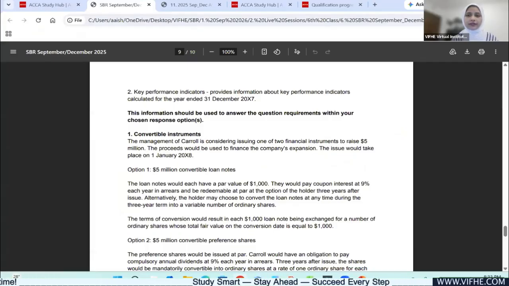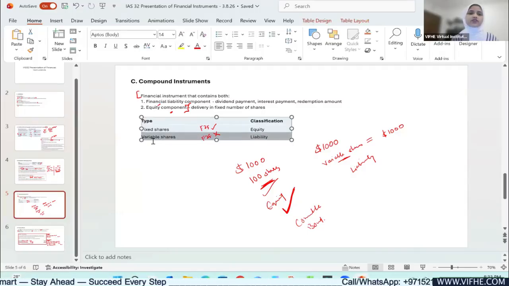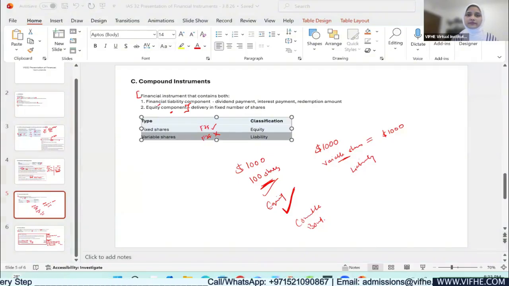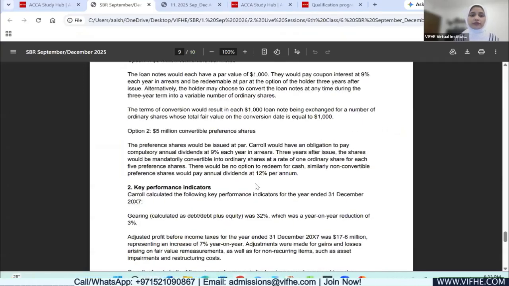You're into compound instruments where it may seem like, okay, there is a financial liability and equity component, but if there are variable number of shares, then it's not actually compound, it's a liability instrument only. It's this slide. Okay, now I'm going to go to option 2 now, guys.